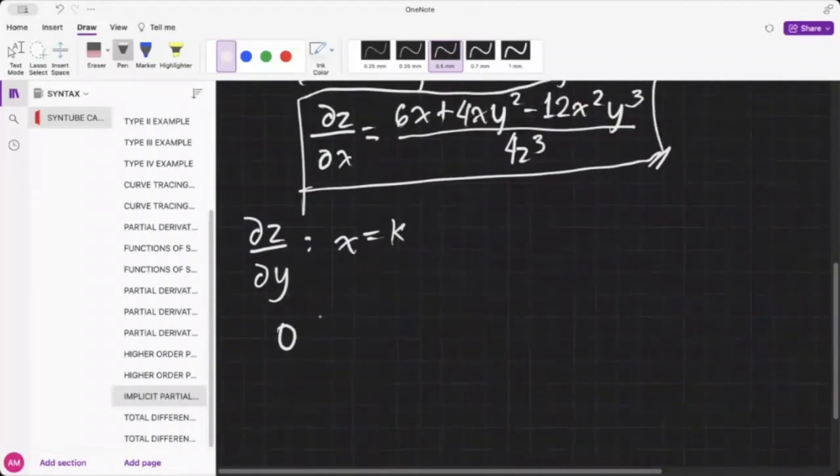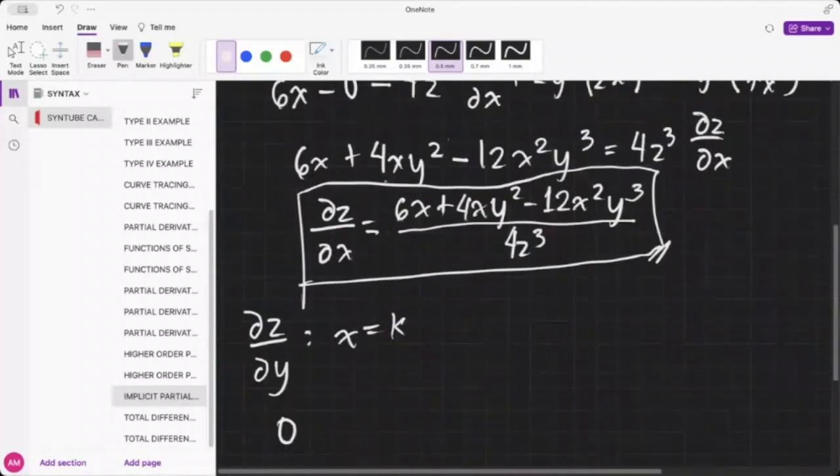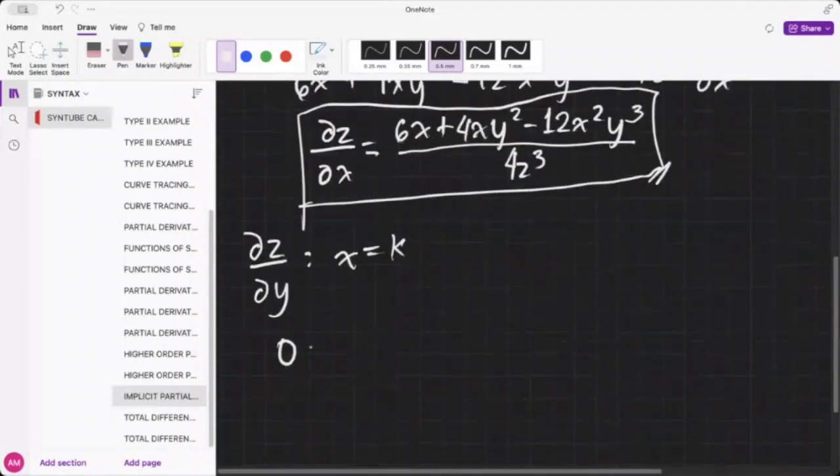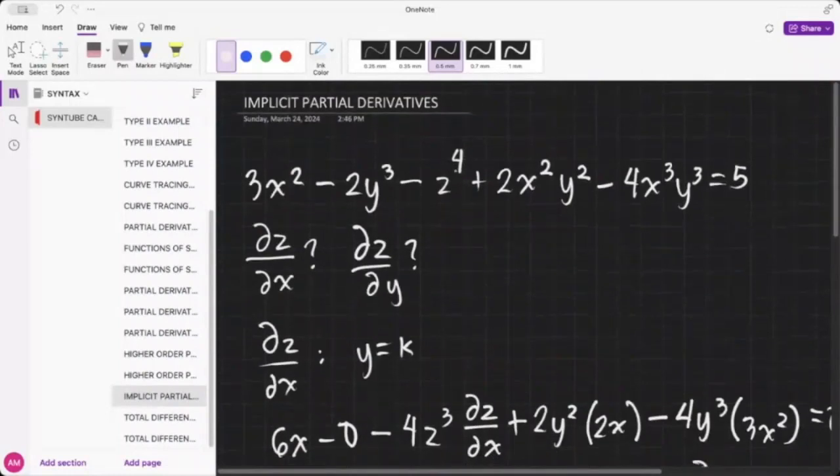So, what will happen is, this is a constant, so the derivative of a constant is 0. Minus 2y cubed. What's the derivative of 2y cubed? That's just minus 6y squared. Then, we've got this one.